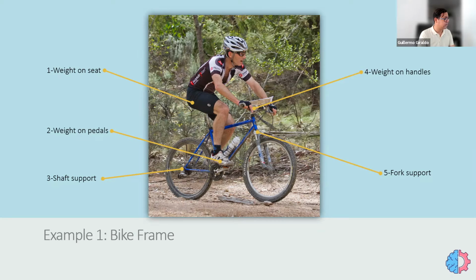That's our first interaction. The ground provides the support and the reaction force against the weight supported by the bike: the weight of the bike transmitted through the wheels, and the weight of the rider transmitted to the bike frame, to the wheels, to the ground.